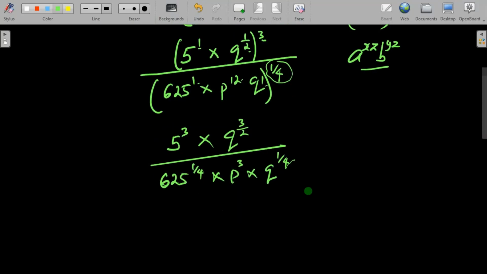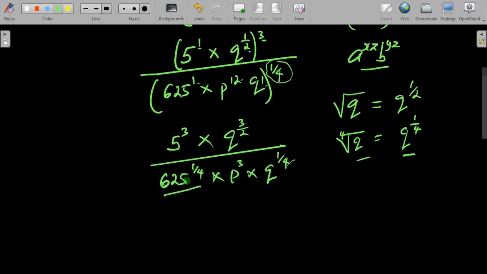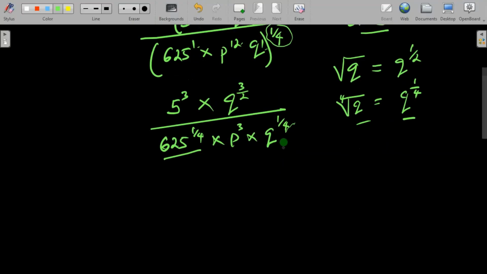Now that same law says the square root of q is equal to q to the 1 over 2. If I also have the fourth root of q, I can express it as q to the 1 over 4, or I can take it back. They are the same thing. So I'm going to find the fourth root of this number. I'm not going to do that here because I have to simplify this q and this q.